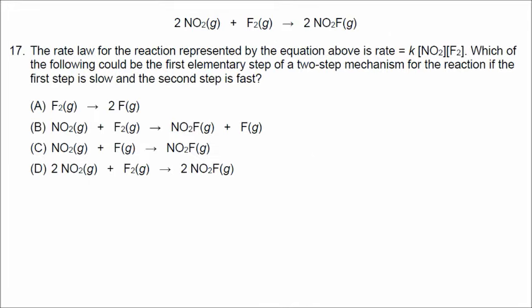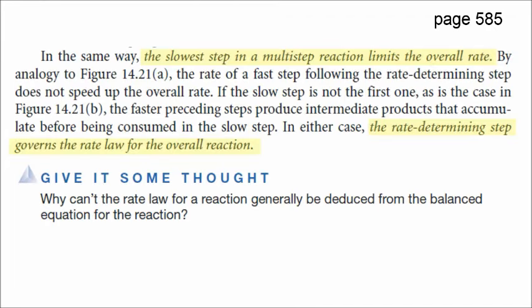For number 17, we're talking about mechanisms. If the first step is slow and the second step is fast, we should be focusing on the slow step. How can we get an overall rate law that's first order with respect to NO2 and first order with respect to F2? Remember that the slow step, this is on page 585, the rate determining step, will control the rate law for the overall reaction.